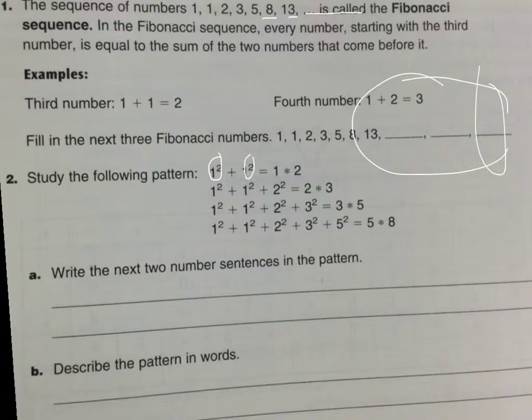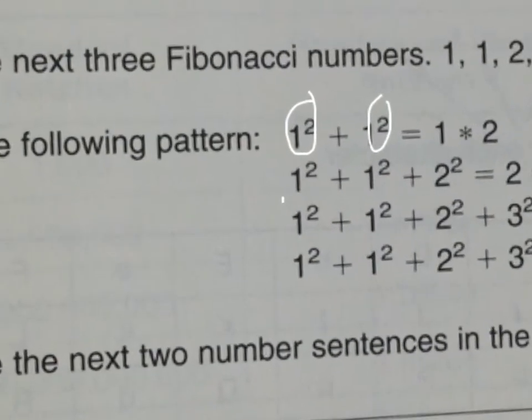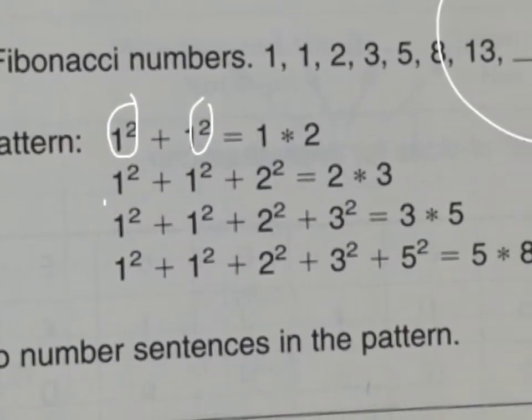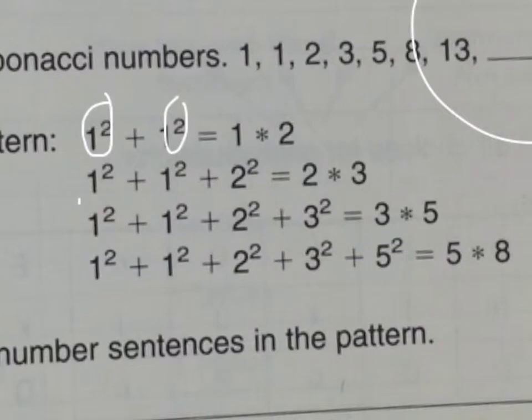And the pattern continues. For example, let me try to make this bigger. There we go. 1 and 1 is 2. 1 and 2 is 3. 2 and 3 is 5.